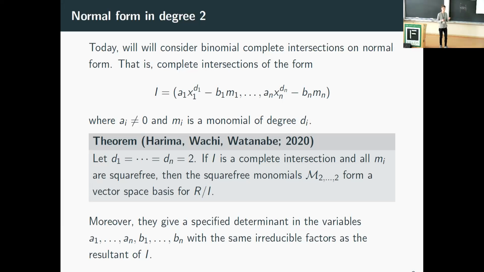That is, they give the irreducible factors of the resultant of this ideal. So we want to try now and see if we can generalize some of these facts to binomials of normal form of higher degree.